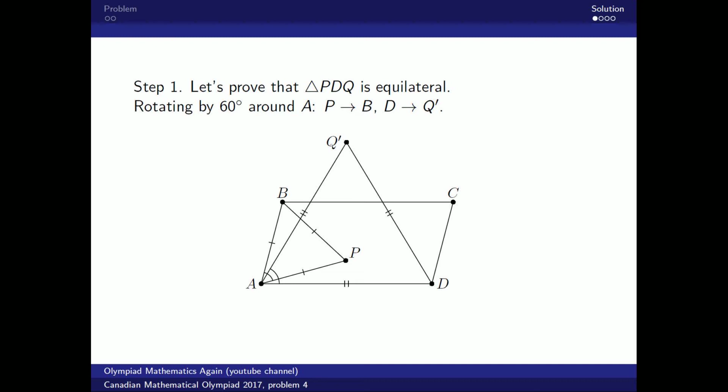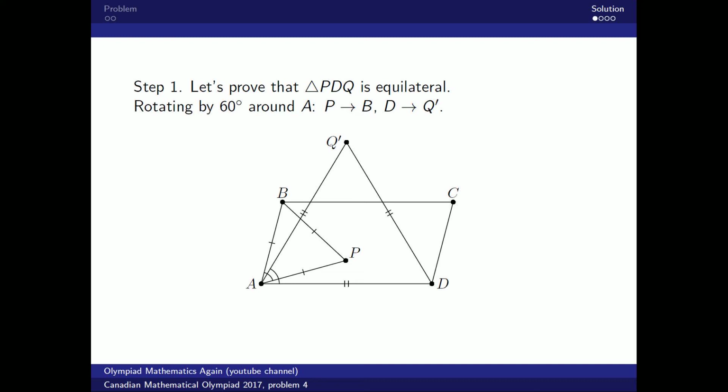Then let's see where the point D goes under this rotation. Point D goes to the point Q prime, which is the vertex of another equilateral triangle constructed on the side AD of the parallelogram. So we introduce another equilateral triangle ADQ prime, constructed on the side AD.